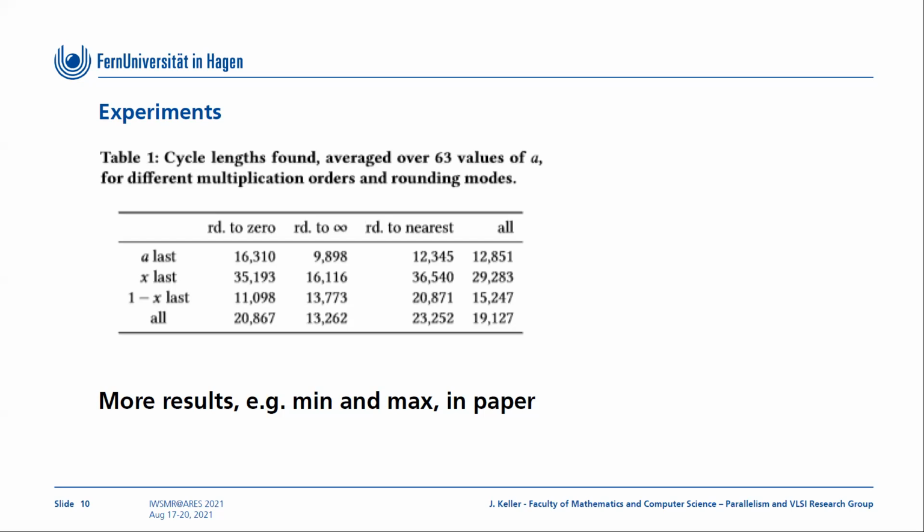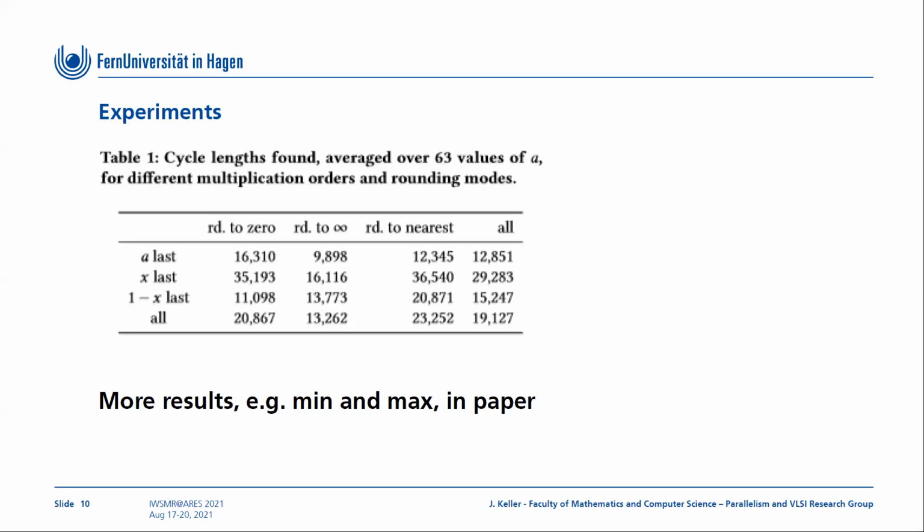For each value of A and for a larger number of start values X, we looped until we found a cycle and recorded the length. So for each value of A, we recorded the maximum cycle length found, because there may be different cycles because the state graph can have different connected components.